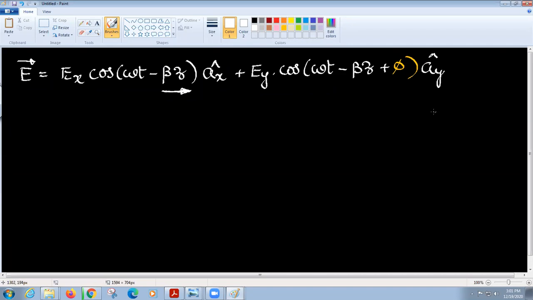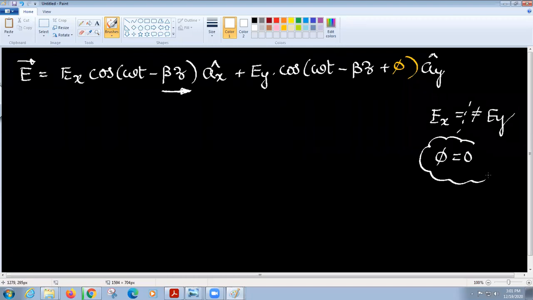Now Ex could be equal or unequal to Ey, it doesn't matter. So if I maintain phi equal to 0, again you have cases 1 through 5.